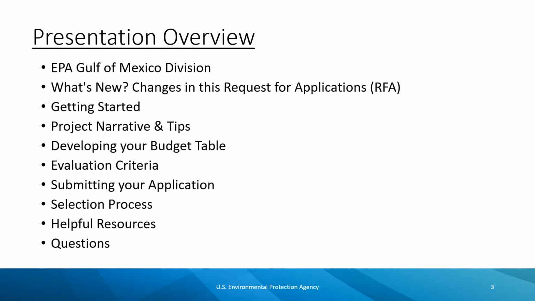This presentation will touch on the following items listed here: EPA's Gulf of Mexico Division, what's new in the request for applications, getting started, project narrative and tips, developing your own budget table, evaluation criteria, submitting your application, selection process, helpful resources, and questions.